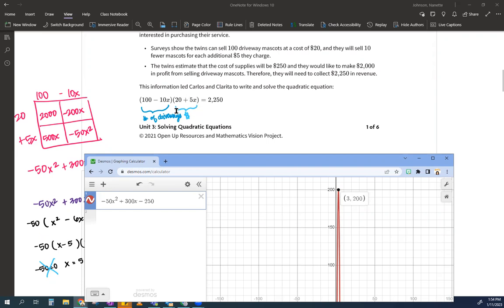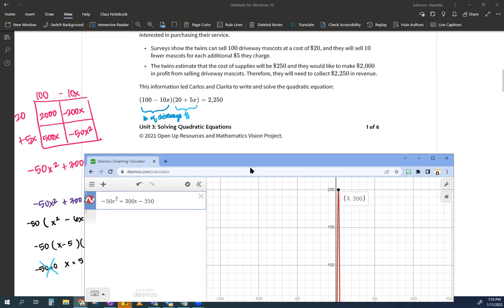So how much would I be charging? Well, plug it in. Plug that 3 into there. How much would I be charging? Yeah, someone said it. Miss Johnson, you should be charging $20 plus $15, which is $35.